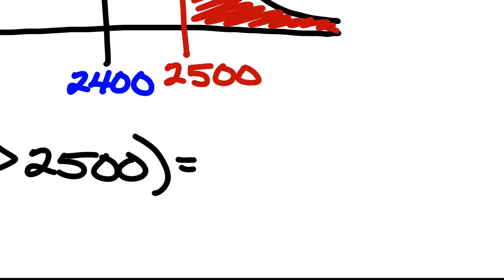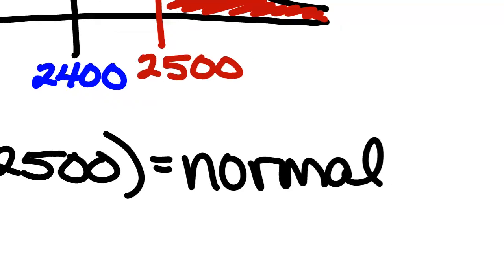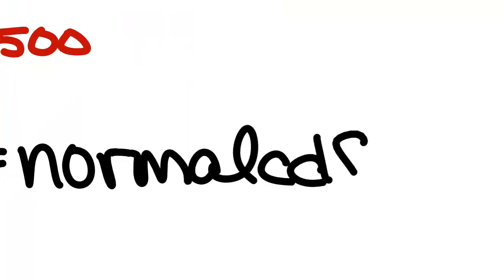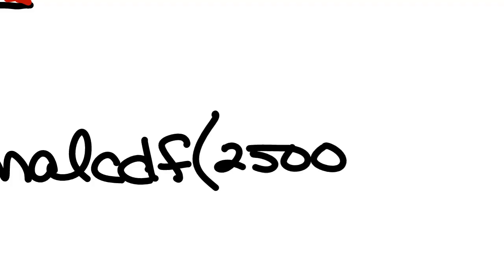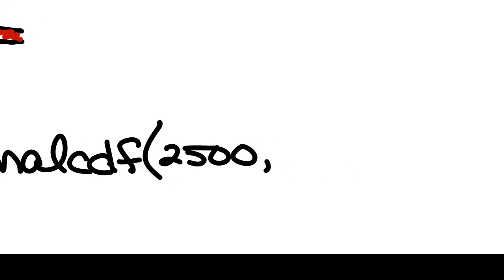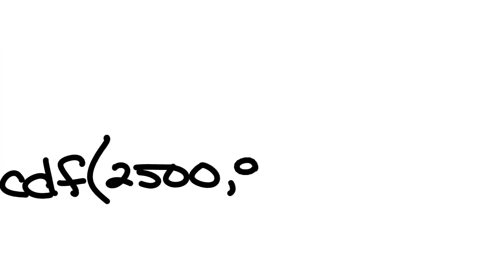Normal CDF. And then what? Lower bound, so 2,500. Something large. Because 2,400 is my mean, I want to make sure that my upper bound is definitely big enough.